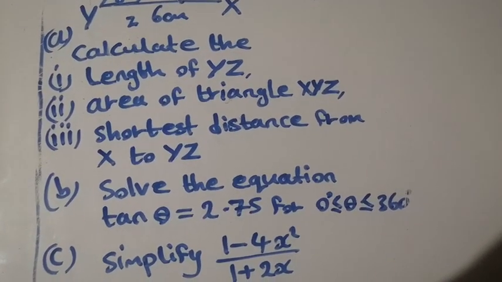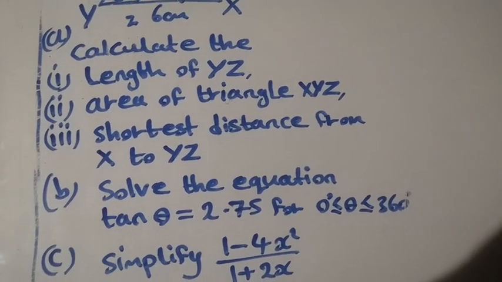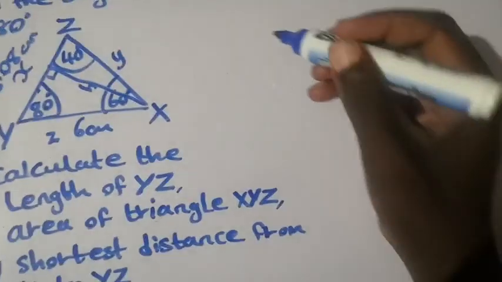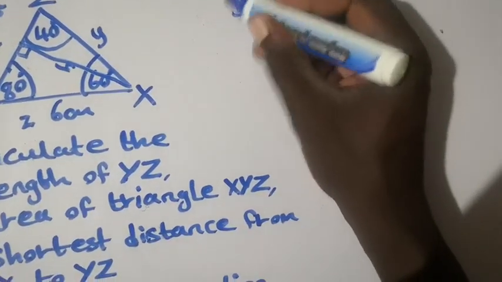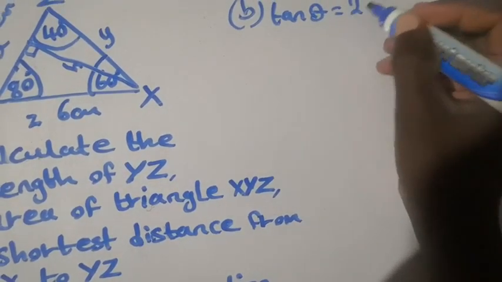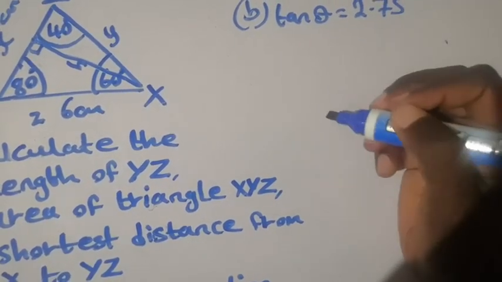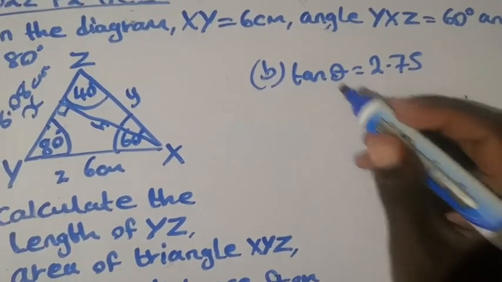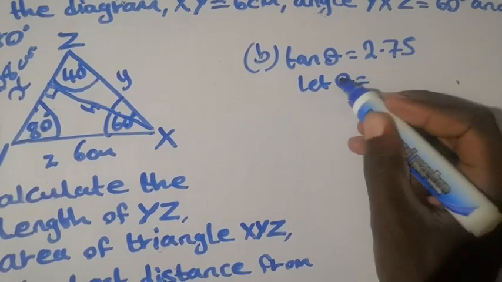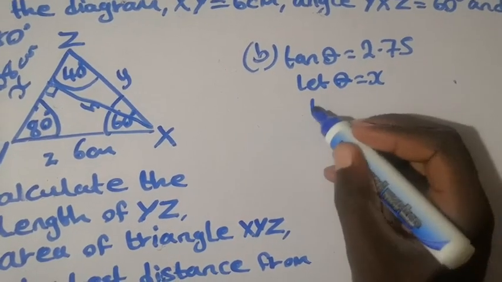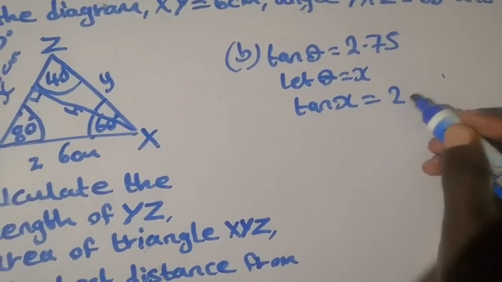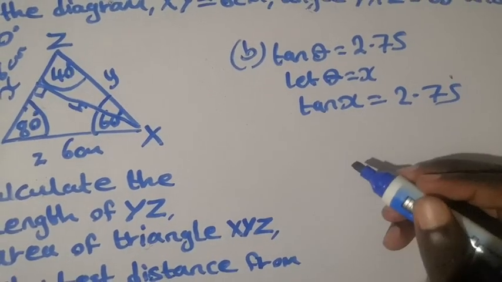Part B, solve the equation tan theta equals 2.75. We are going to let theta be equal to x. So it will be tan x equals 2.75.